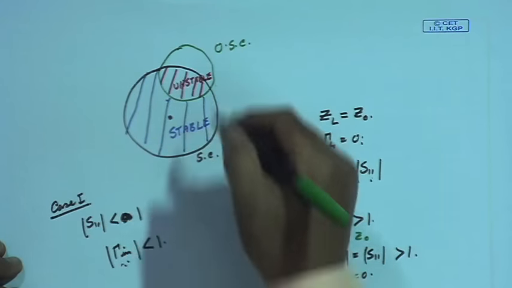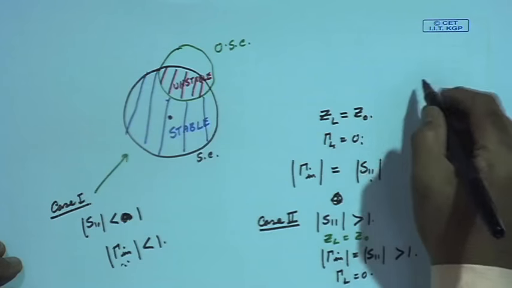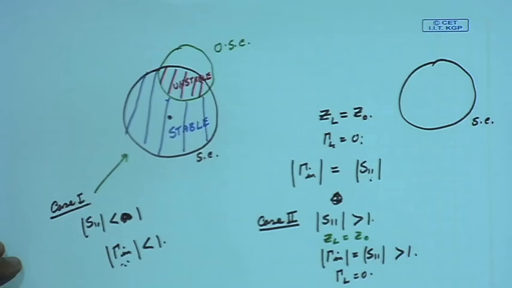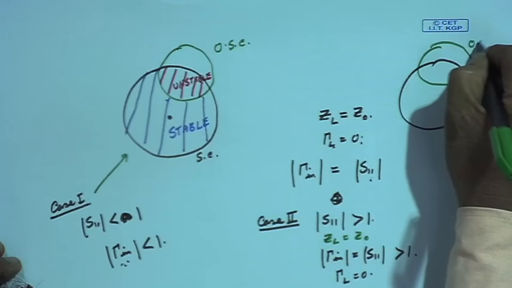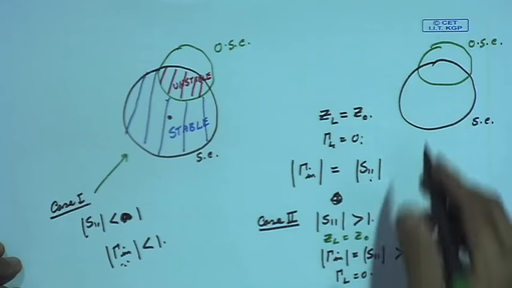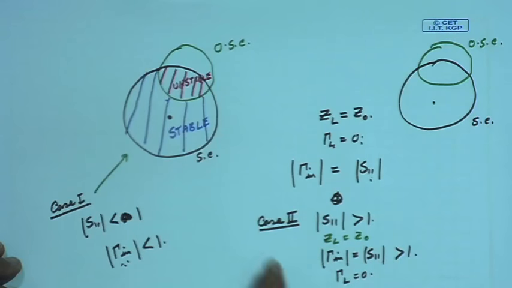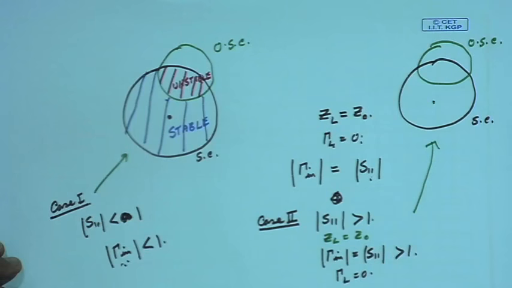Let me again draw this for this case. This is my Smith chart, and this is my output stability circle, and this is the point. Now, in this case, you see that gamma L equal to 0 has led me to gamma in greater than 1.